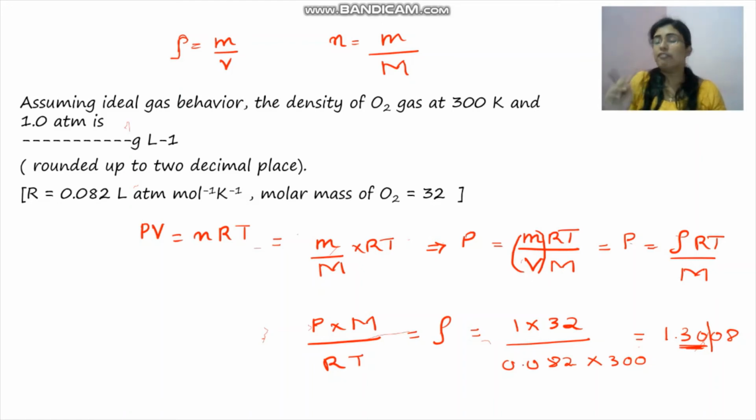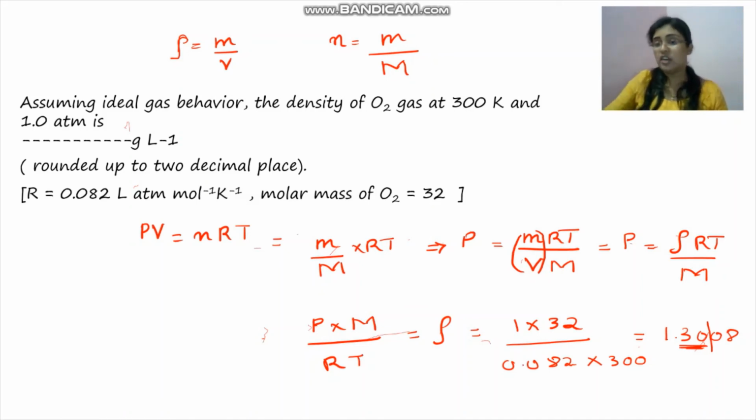Because I have to round off to 2 decimal places, I keep those 2 decimal places as such and look at my third decimal place. If it was 5 or greater than 5, then 30 would become 31. But here it is 0, which is less than 5, so I can leave the number as such. The 30 can remain as 30 itself.